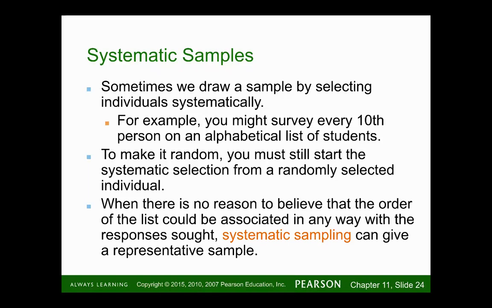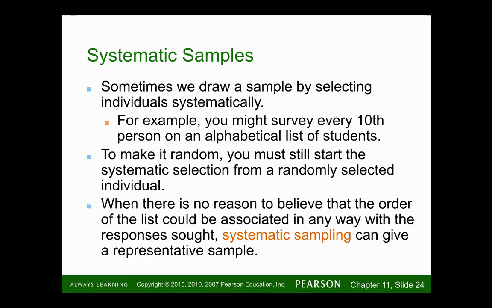For example, you might survey every 10th person in the alphabetical list of students. To make it random, you must still start the systematic selection from a randomly selected individual. There is no reason to believe that the order of the list could be associated in any way with the responses sought.